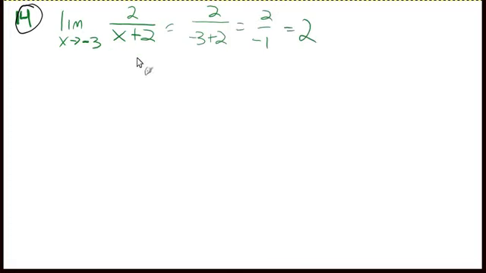So the limit as x approaches -3 of this function is -2, right? Because this function we know is going to, at least in parts of it, be nice and connected. Continuous is the word we use in calculus.